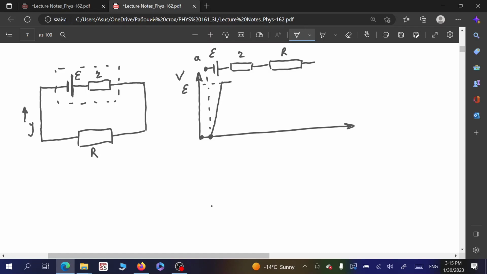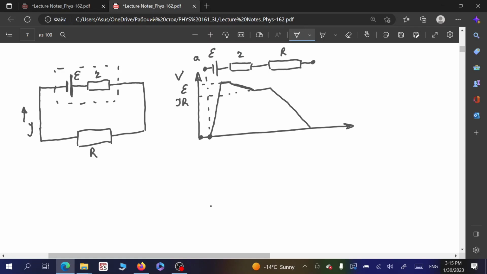So it stays constant, and when it reaches the internal resistance, the potential drops, and here this new potential will be I times capital R. So that will be the voltage drop over the load resistor. And then after passing through the load resistor, the potential should drop to zero.